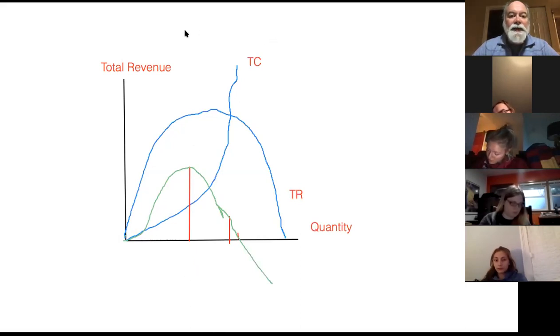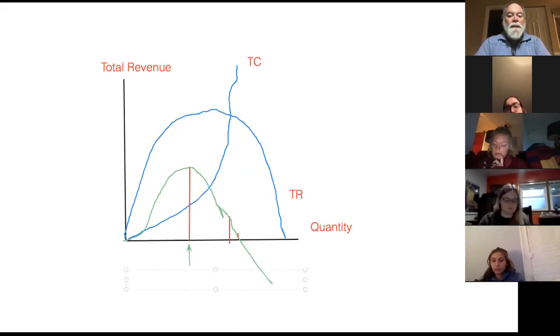Okay, so let me try again. Arrow. Okay, and let's put our text back in. Max profit is TR minus TC.